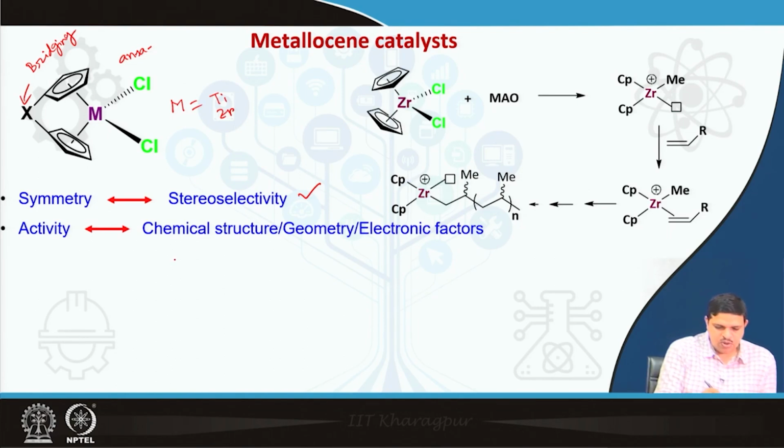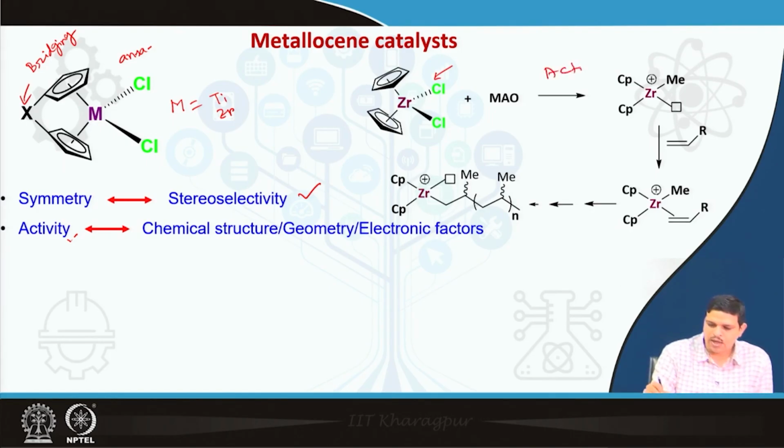And not only that, the activity also you can change by changing the bridging unit, by changing the substituents on the cyclopentadienyl, and obviously using the co-catalyst, because this catalyst is not an active catalyst. We learned it. You have to do the activation.